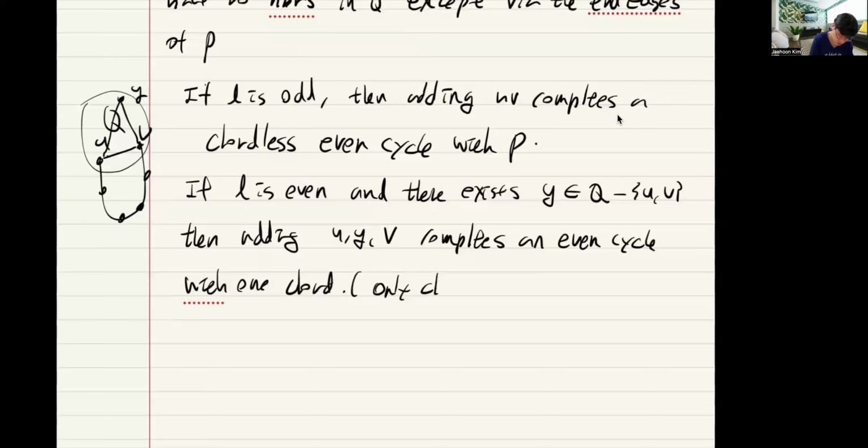The only chord is UV. Again, this doesn't send any edges to other Y's, and there are no chords inside of here. So this is an even cycle with one chord.